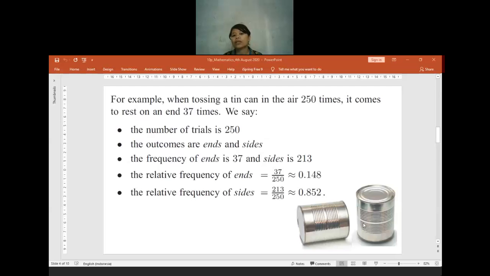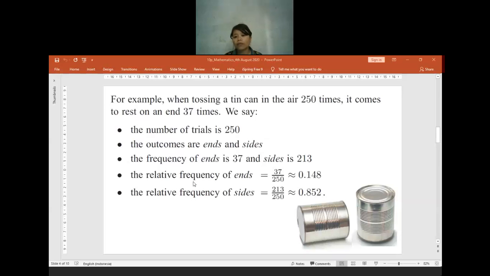You have to find the probability of getting the ends or the sides. When I check and calculate, there are 37 times I get the ends. The ends are the top or the bottom of it, and the rest will be the number of sides.